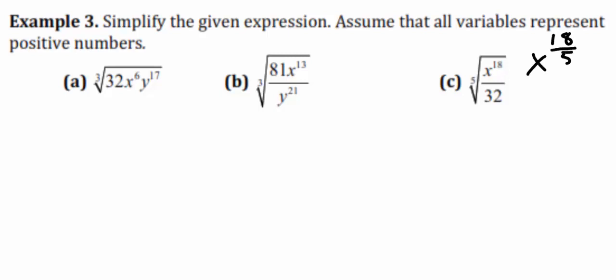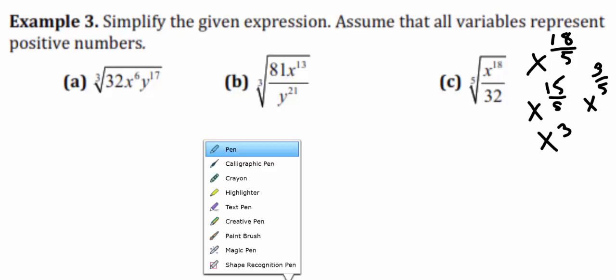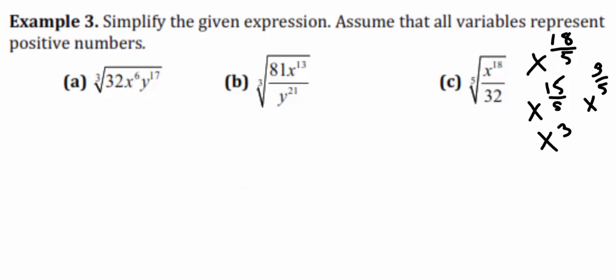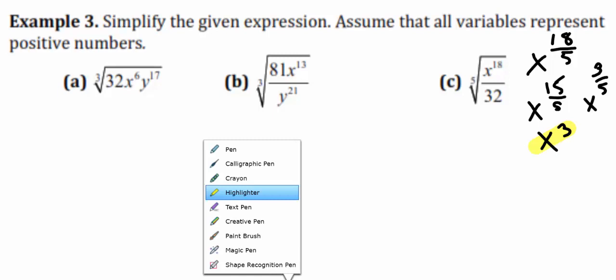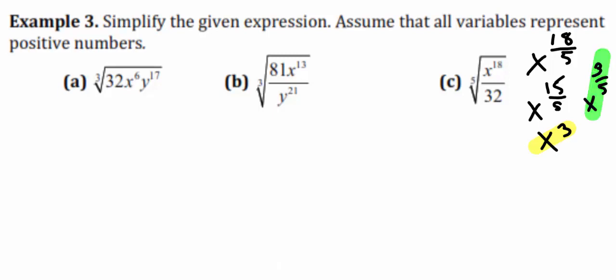Well, that means 5 goes in 18 3 times, so that would make 15 fifths. And then we would have x to the 3/5 left over. So that means this would reduce to x cubed. So we could pull that guy out, and the x to the third is going to have to stay inside the radical.